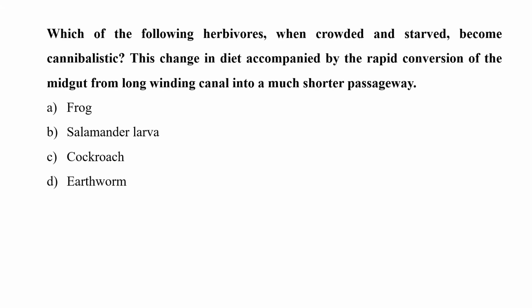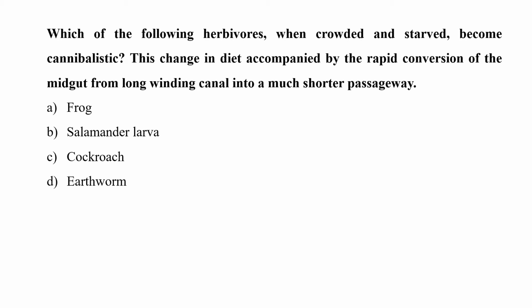The next question is, which of the following herbivores, when crowded and starved, become cannibalistic? This change in diet is accompanied by rapid conversion of the midgut from a long winding canal into a much shorter passageway.